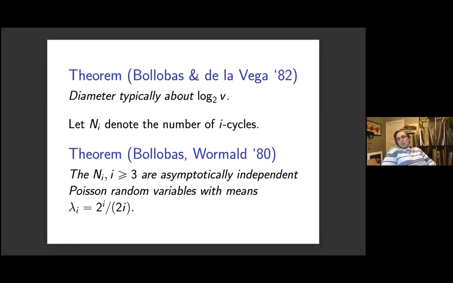To improve our understanding even more, we could look at the random variable which counts the number of I cycles. You can actually show that that's asymptotically Poisson with the mean that I wrote here, 2 to the I over 2I. And if you look at different ones, then they're independent. So anyways, that gives you some indication. The way I think about this is, if I look at any 3 vertices, the chance that they span a triangle decreases as I increase the number of vertices.